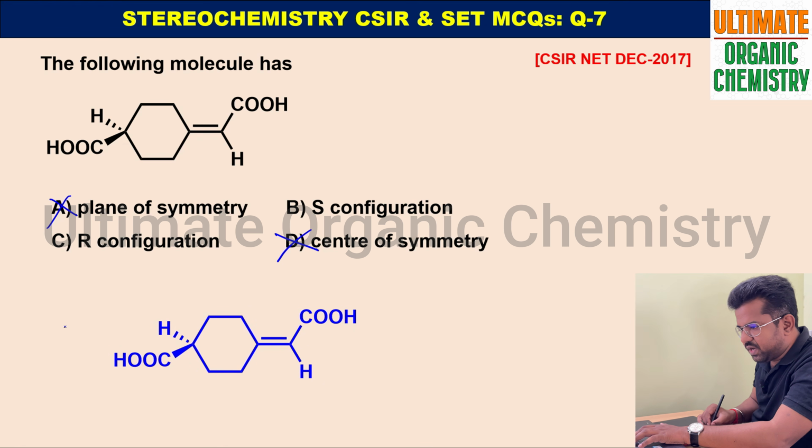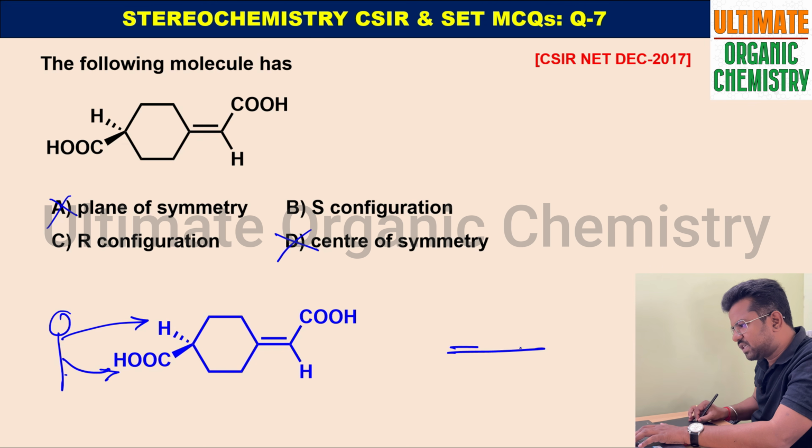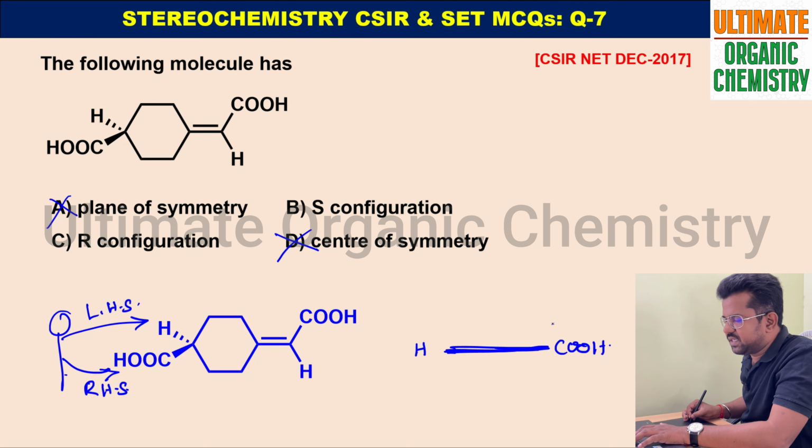For that reason, you need to look at the molecule from here, and you need to hold these two groups, and this will give you a horizontal line. At your right hand side, you will be holding COH. At your left hand side, you will be holding hydrogen atom, and you need to give priority based on the Cahn-Ingold-Prelog rule. So this will have first priority, this will get second priority.